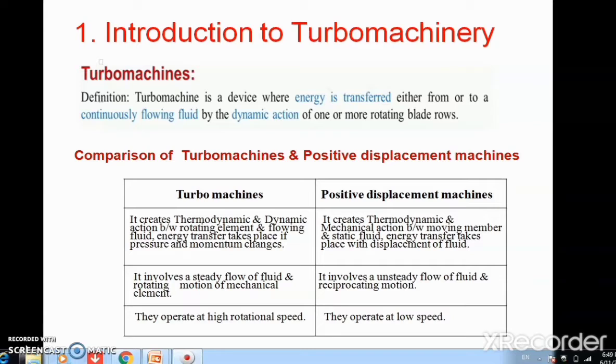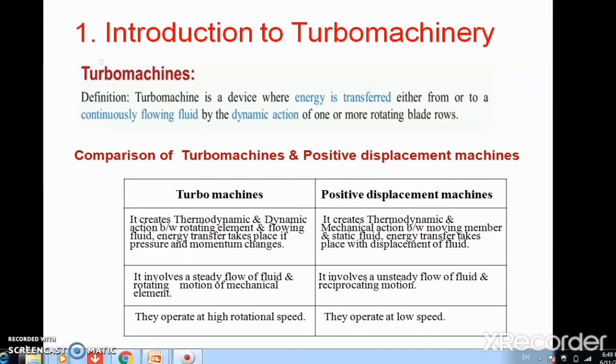I am not talking about the conversion of reciprocating motion into rotating motion. I am saying only the reciprocating motion, where you have only linear action, no rotary action. But in turbo machines, you have rotary action, not linear action. That's why it is called dynamic in the case of turbo machines or rotodynamic machines.